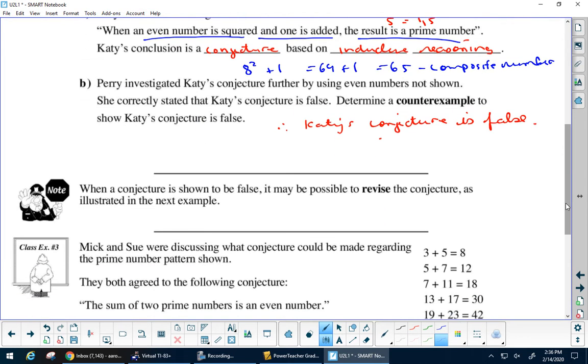So, if someone tells you every person that works for us is completely honest, and you catch one person stealing, you get to say back, well, there you go, I just disproved your conjecture. Every person working for us is not honest.